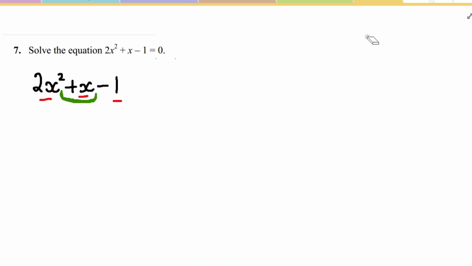In order for us to split this middle term, which so happens to be positive x, we are supposed to get 2 numbers which, when we add them, give us a sum equal to the coefficient of x, which is +1. And when we multiply those 2 numbers, it's going to give us a product of the coefficient of x squared times the last number, which is 2 times -1, which is -2.